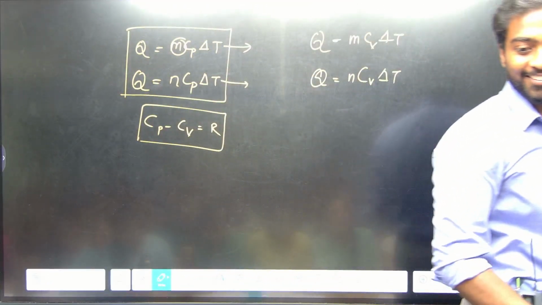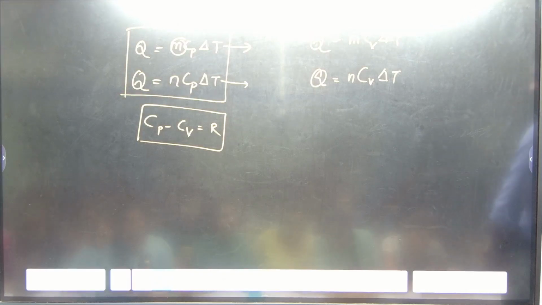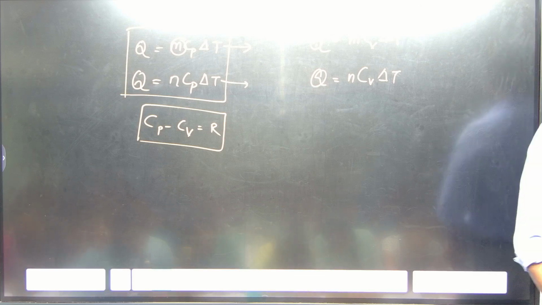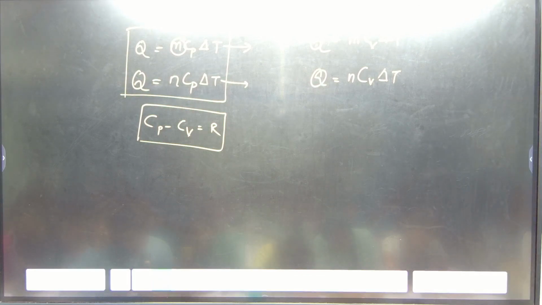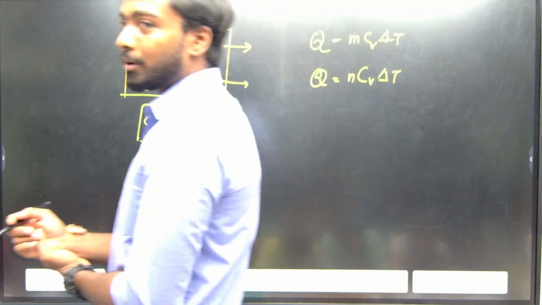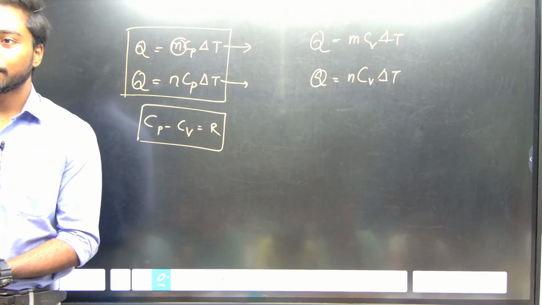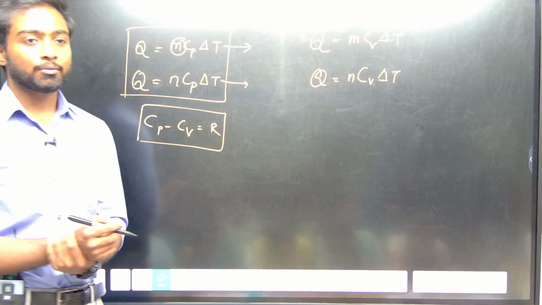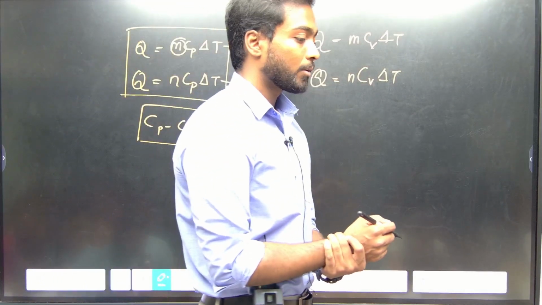Universal gas constant. Cp minus Cv is equal to R, where R is the universal gas constant. The value is 8.314. What is the SI unit? Joules per mole Kelvin. The SI unit of R is joules per mole Kelvin.